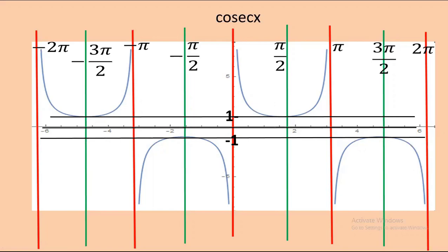So we have to subtract the values after minus 1 and before plus 1. So you put it in the first bracket, not in the second bracket. That is, the range is R minus the open interval minus 1 comma 1. It is R minus the open interval minus 1 comma plus 1.